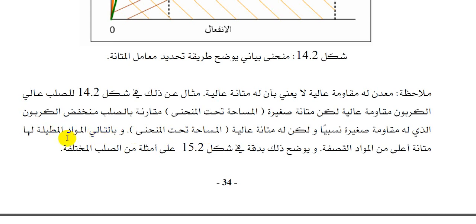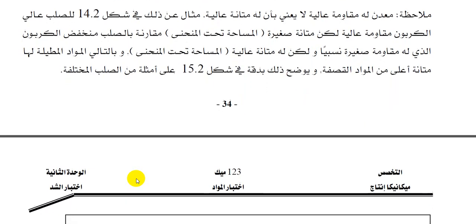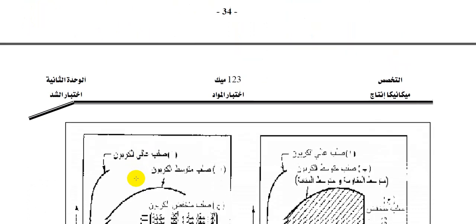Consequently, the ductile materials have the higher toughness. This is illustrated accurately in figure 14.2 for various examples of the steel sorts.